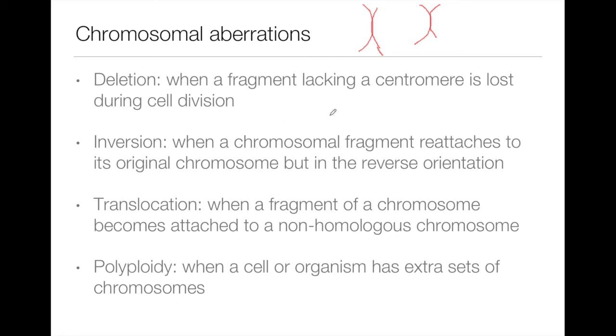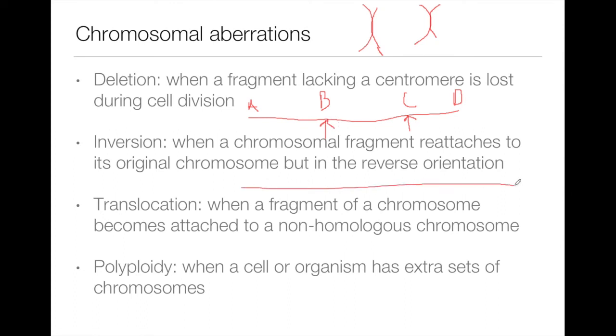What is that? This is actually a quite complex one. So let me show you something. If I have A, B, C, and D, how does inversion happen? The chromosome is being cut in 2 places, let's say here in C and in B, and this is reconnected with reverse orientation.